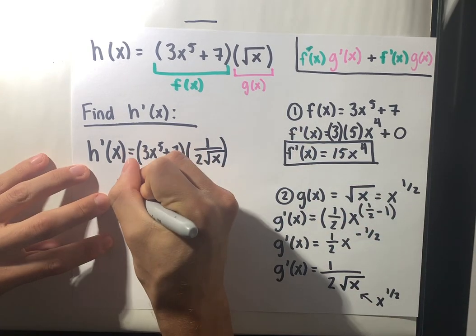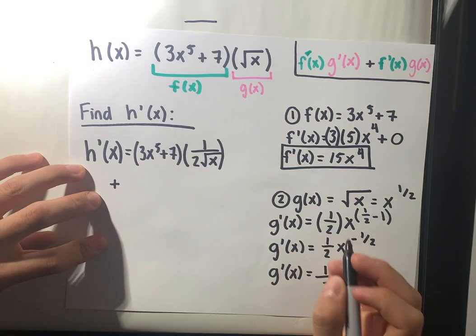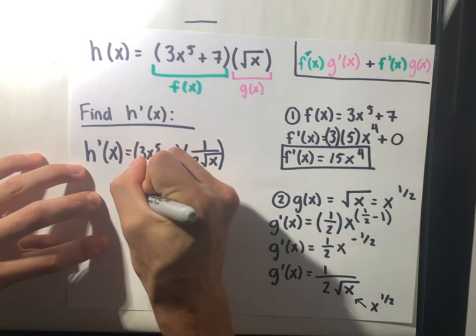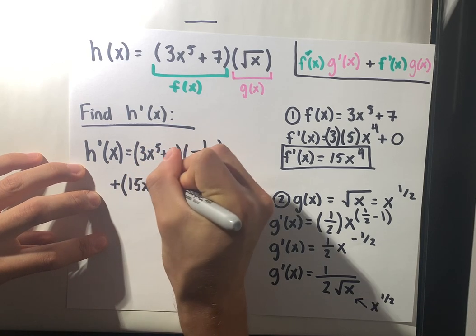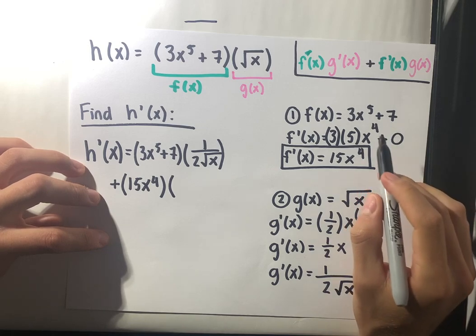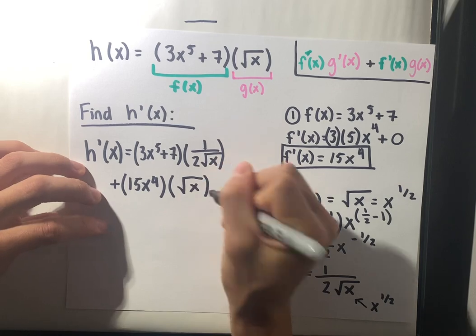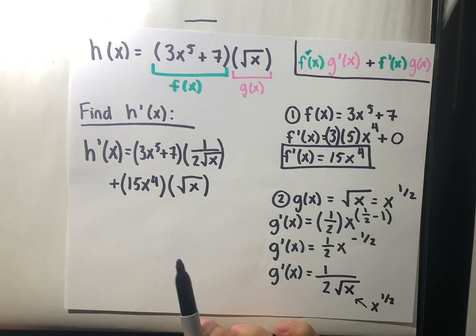And we're going to add that to the derivative of the first function, which is 15x to the power of 4. Multiply that by the original second function, which is square root of x. Now this is your solution.